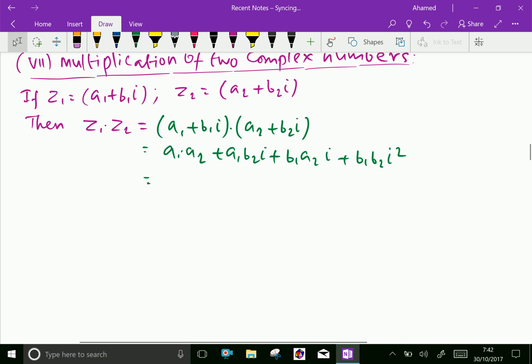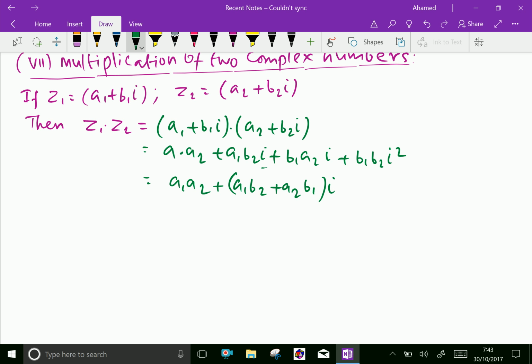Further simplification, we can write a1 a2, and i is common for both, that is a1 b2 plus a2 b1 i.